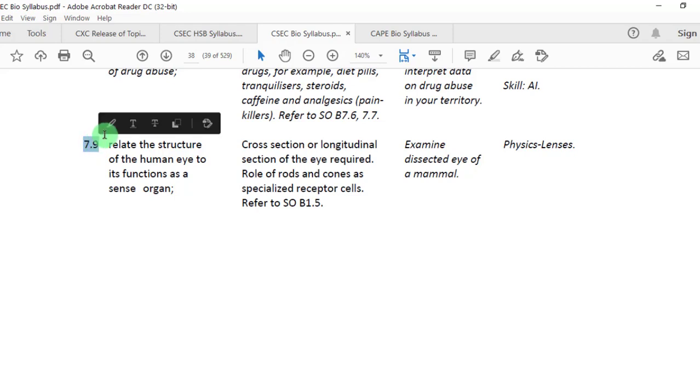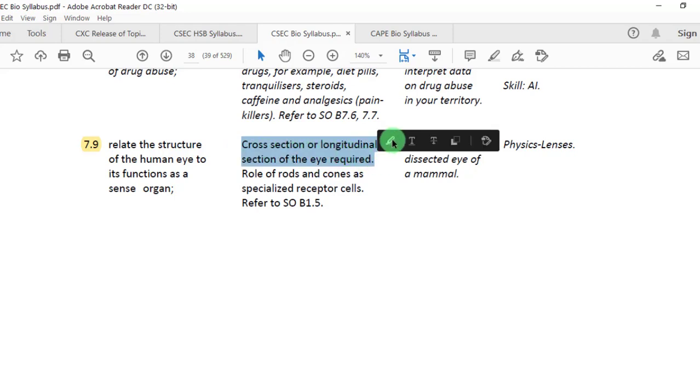Well, you're definitely going to have to be able to draw the cross section or longitudinal section of the eye, right? So you have to be able to draw the eye, label the eye, recognize parts of the eye. Of course, you can't really do this in an exam, so that's not going to apply really. Okay, know these topics here.